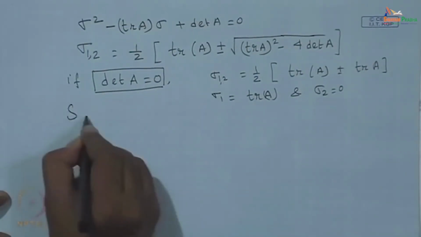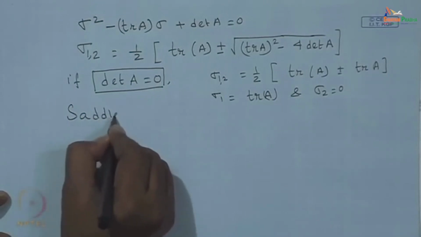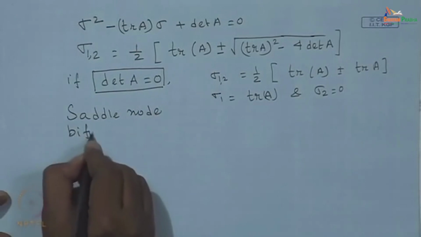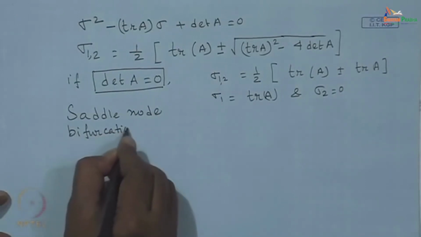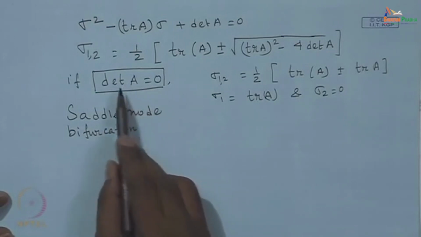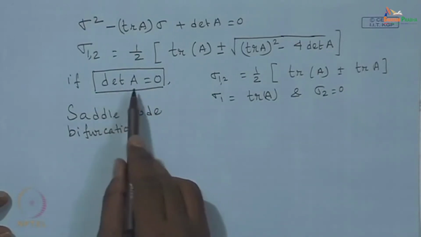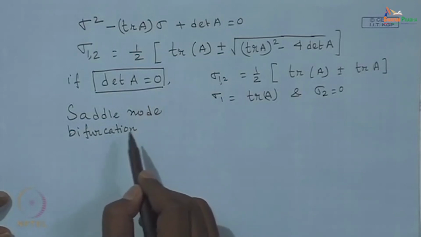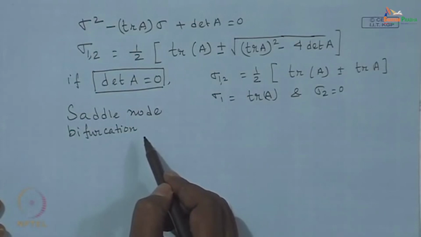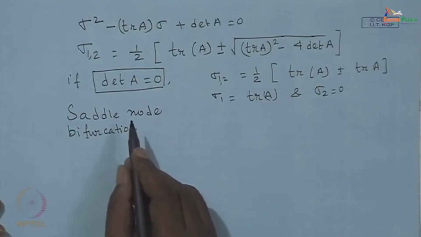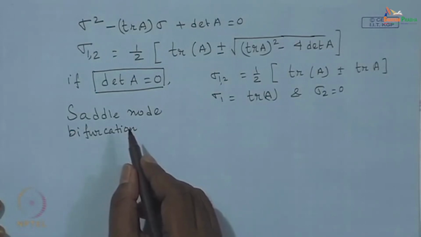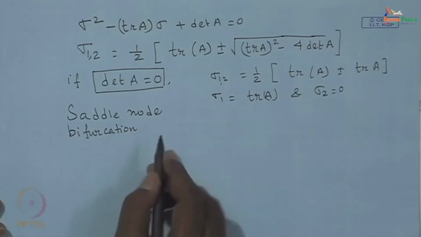So, this is the point of saddle node bifurcation. By setting the condition determinant of A equal to 0, one can get the appropriate condition on the system parameters, so that one can get a saddle node bifurcation point and identify it. So, that is the saddle node bifurcation.